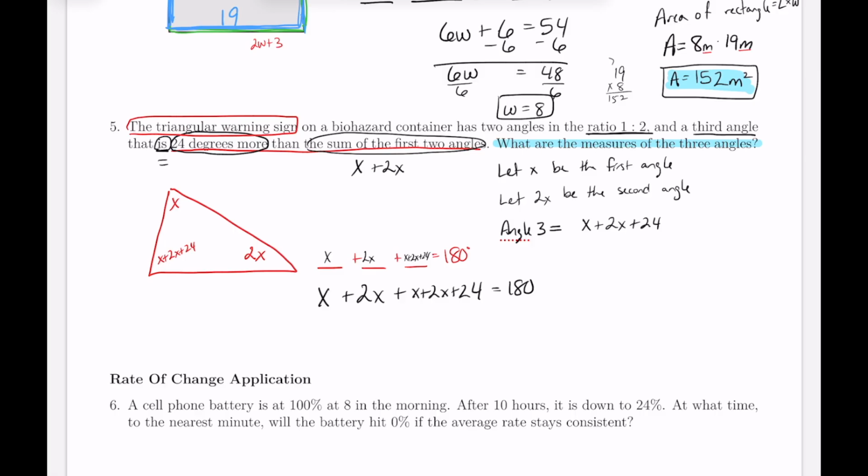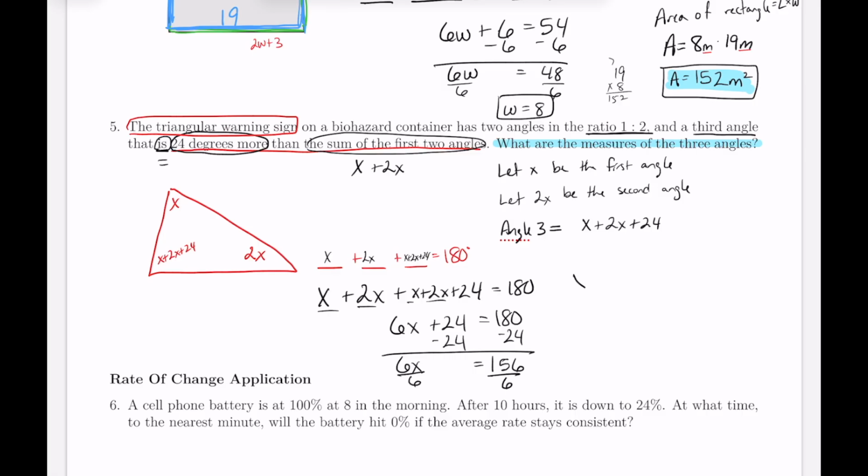When we combine all the like terms, I have x plus 2x plus x plus 2x. That's going to be 6x plus 24 equals 180. I'll subtract 24 from both sides. Get 6x equals 156. And then divide both sides by 6.